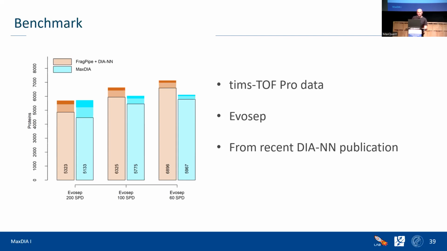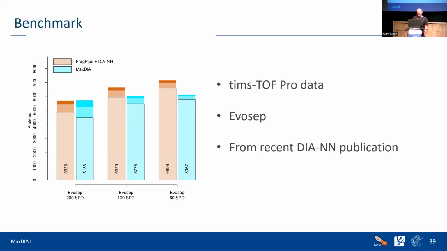Another question, maybe too specific: how does search time compare when you use a predicted in silico library versus a library generated using high pH fractionation? In my experience, with different software, using a predicted library generally generates more IDs, but the search time is also considerably longer.